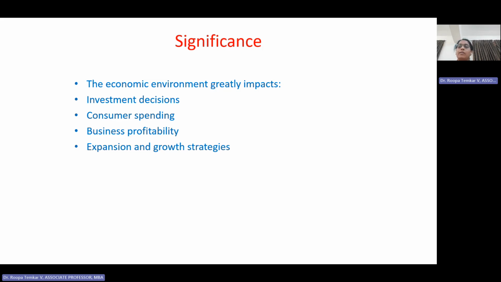expansion and growth strategies. How supportive the country is for the business. For example, today we are importing various types of fruits. Maybe you take the dragon fruit or kiwi fruit, or the dates that we usually import from the Arabian countries, because it has a huge market in Asian countries, preferably in India.